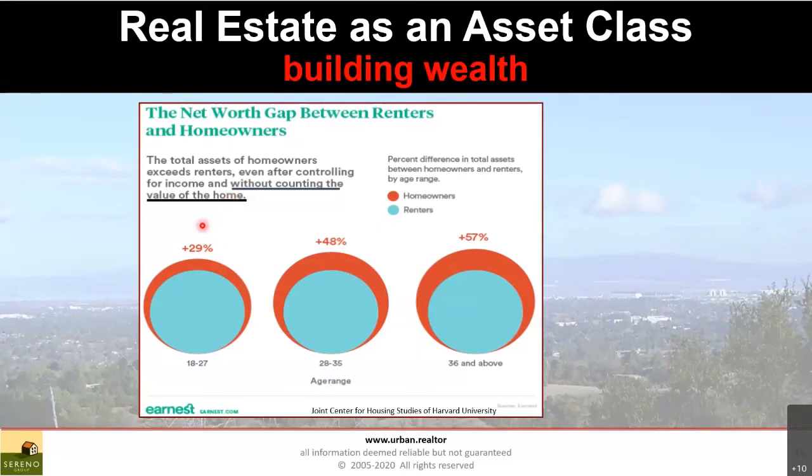As we see, the gap between renters and homeowners grows over time, and for people over the age of 36, the gap between homeowners and non-homeowners, excluding the home itself, is very significant.